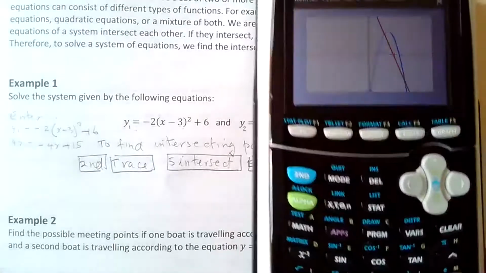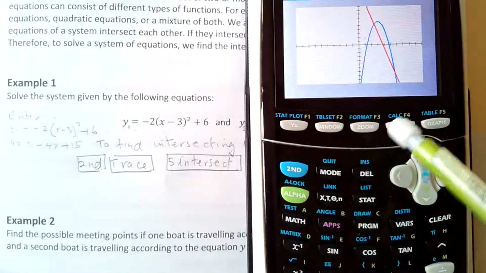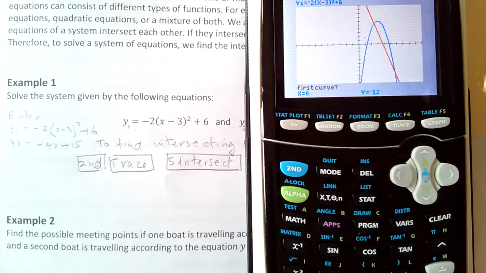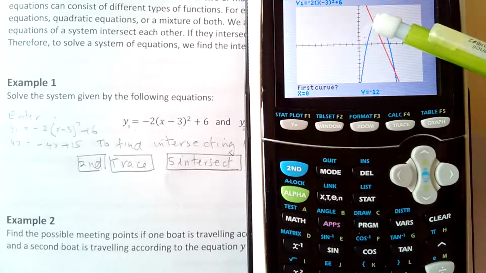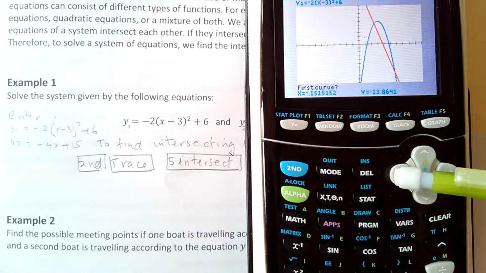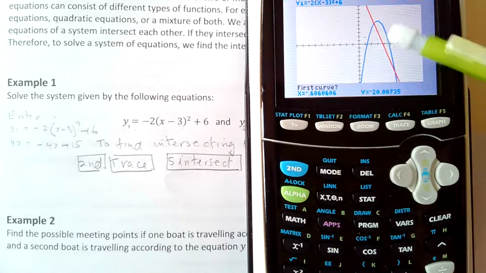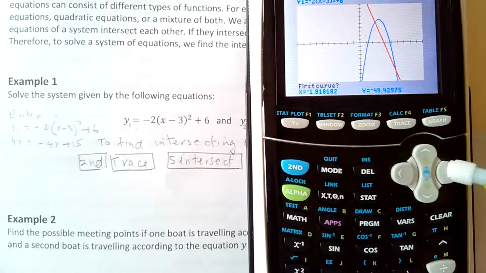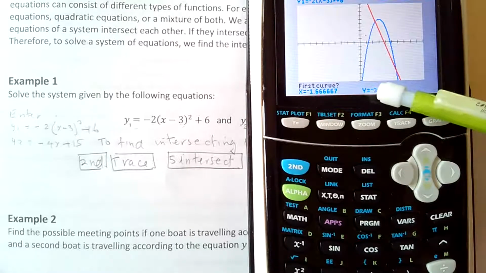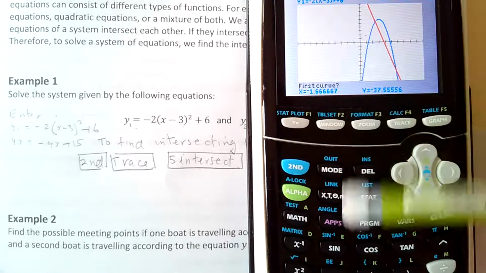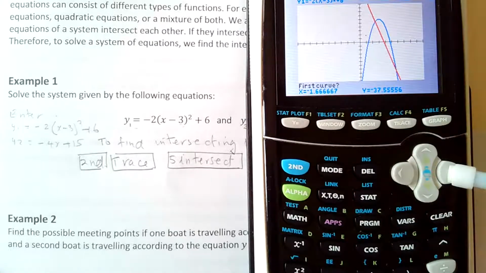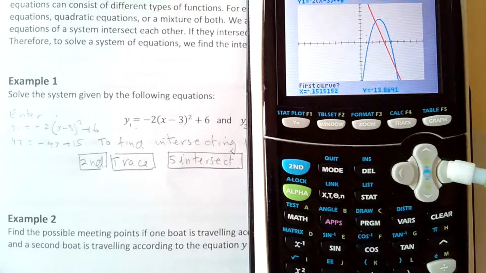So let's try that. Second trace, you go to intersect. It doesn't matter which curve first. Now I need to put my cursor close to the intersection point. Notice my y value of negative 37 means I'm way below the graph, or the window. So I need to go up.